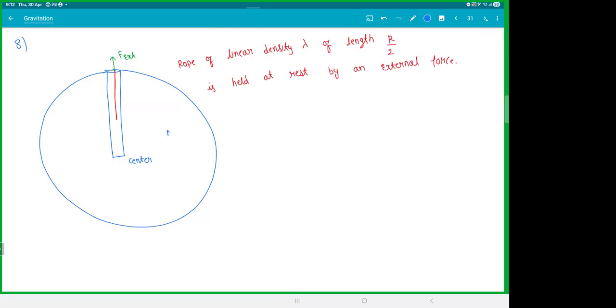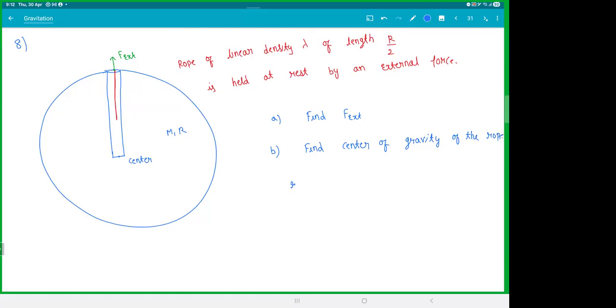The planet's mass is M, radius R. The first question, find the external force. The second question, find the center of gravity, not center of mass. Hope you guys remember the difference between both of them. Center of gravity is the point where the net force seems to act. Center of gravity of the rope.